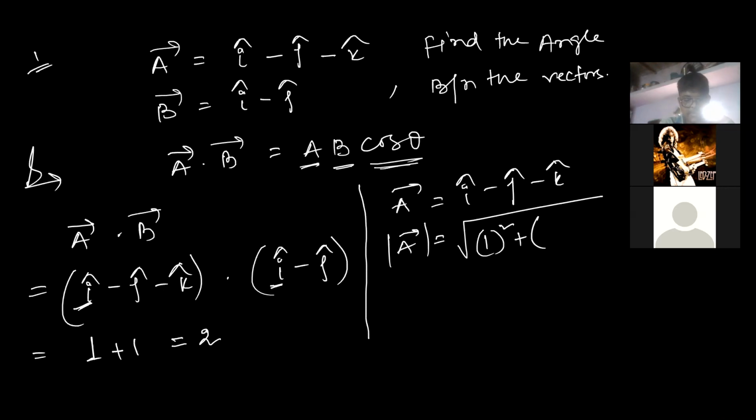Now look at the vector a. Here it is given as i cap minus j cap minus k cap. i cap is alone, that means it has a coefficient of 1. So I have written 1 whole square plus. j cap is alone, but one minus sign is present. So obviously the coefficient of j cap will be minus 1, its whole square.